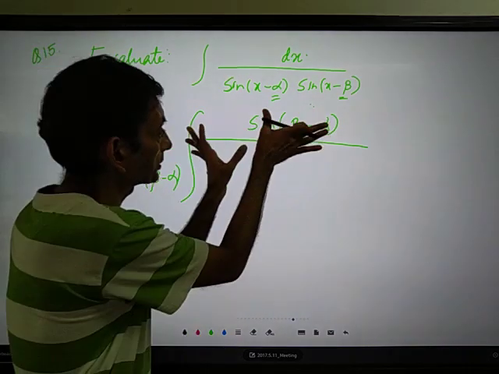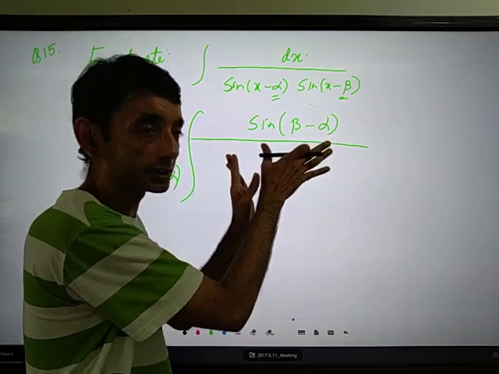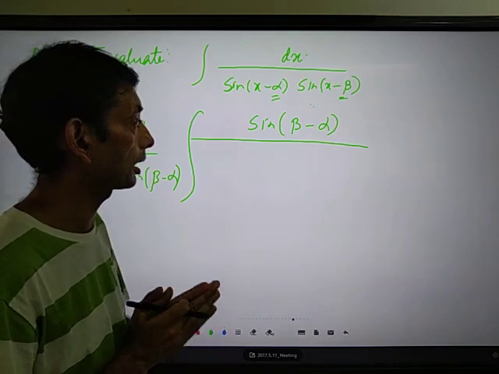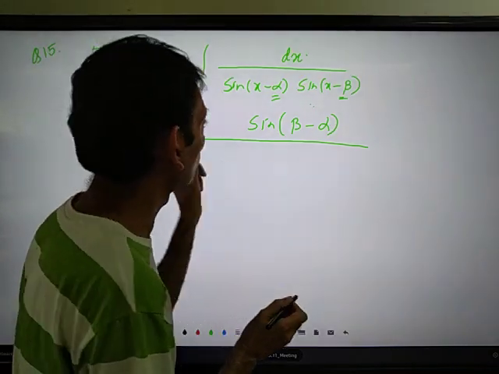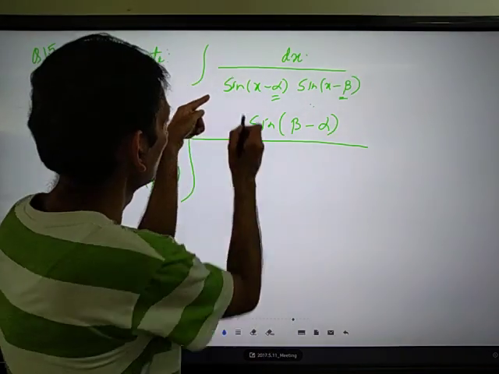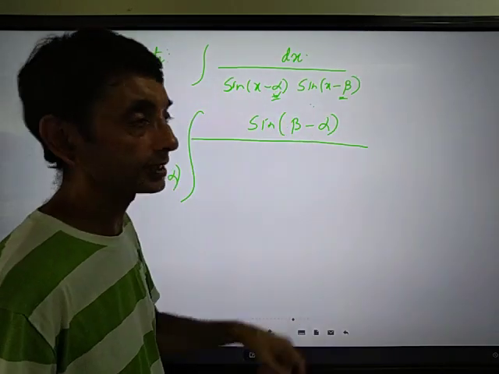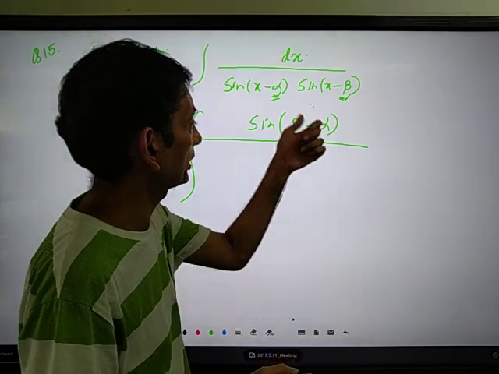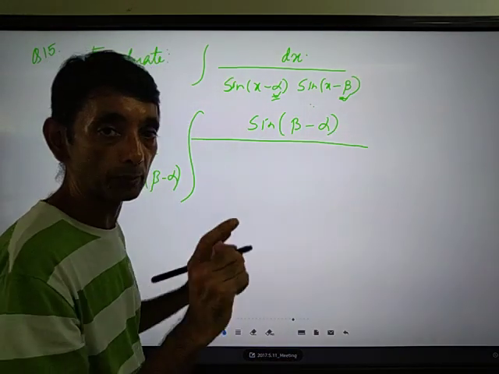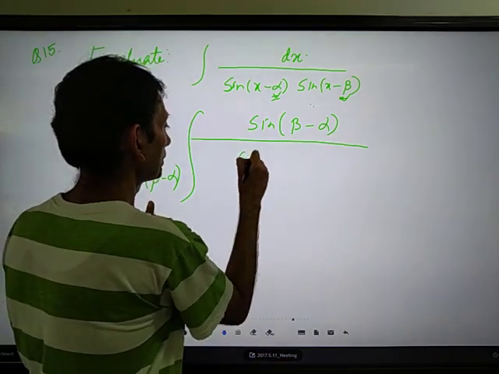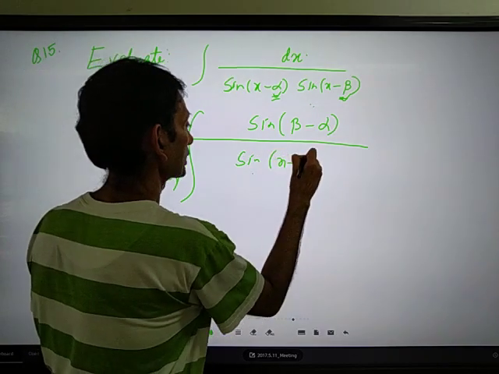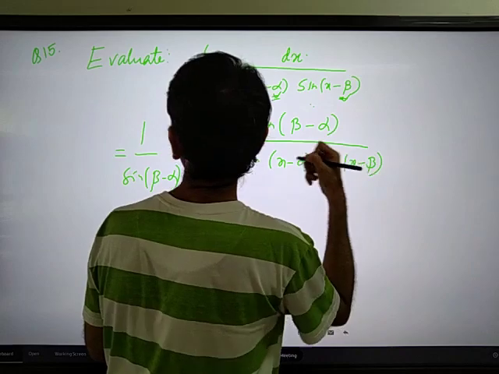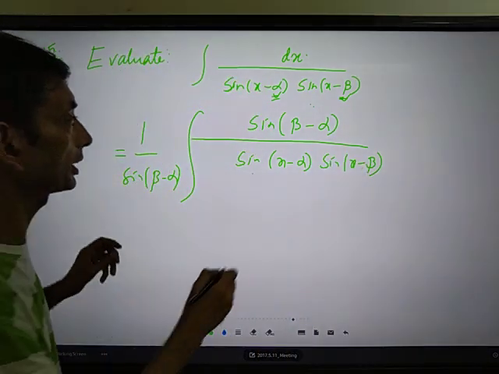We are multiplying the numerator by a constant and dividing by the same constant. This is step 1. Now the denominator reads as it is: sin x minus alpha into sin x minus beta, dx.